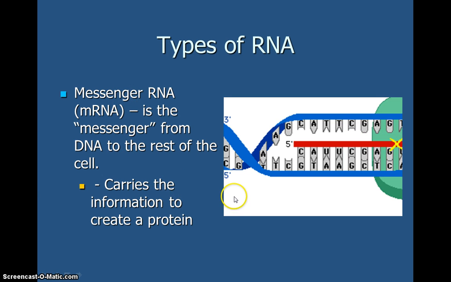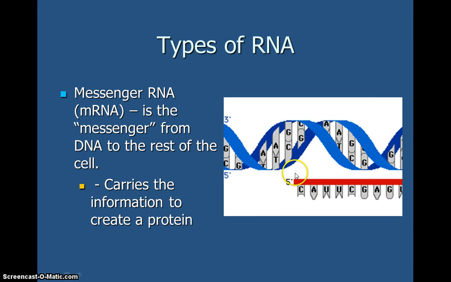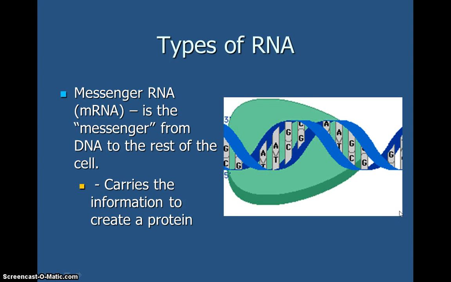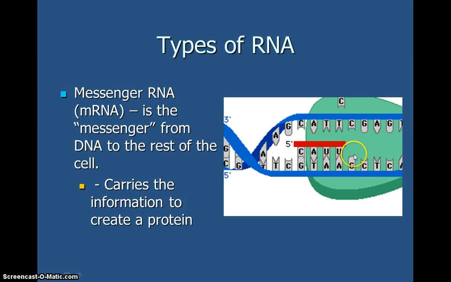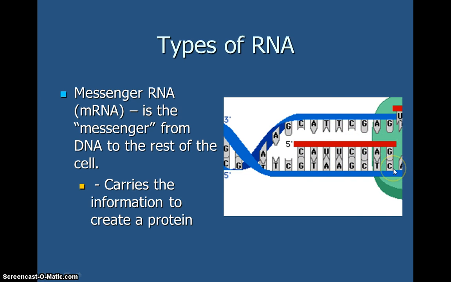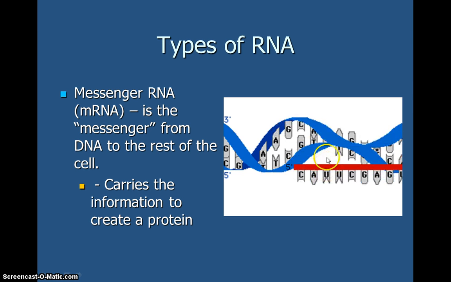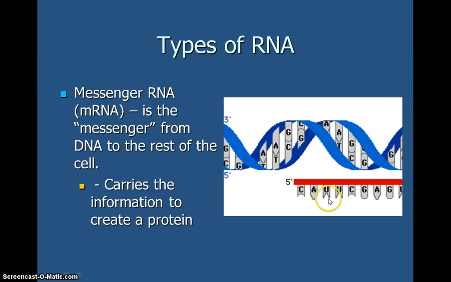Messenger RNA always starts at the 5 prime, and it starts to code itself. So here it goes again. It starts to code itself from the 3 to the 5 prime, and it codes with whatever it needs to be based with. You see right here where the U came to the A instead of a T?